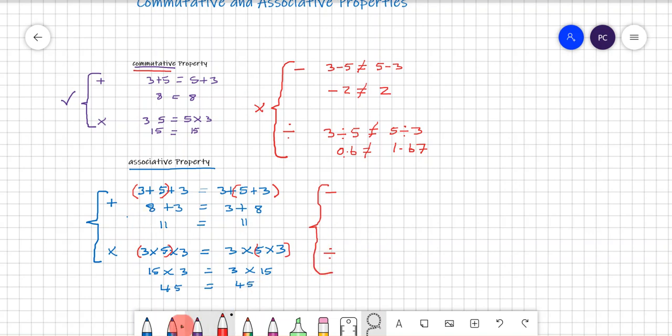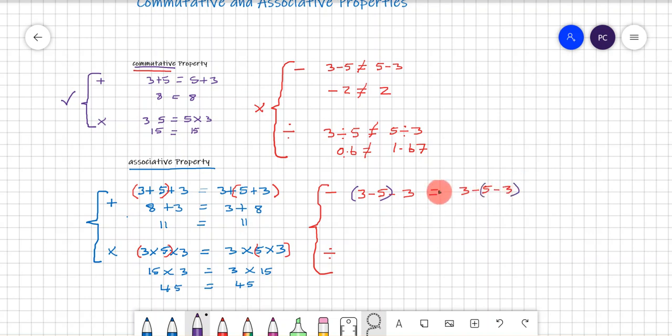So again, if we were to do something like this, and let's stick with red, so let's say if I was to say 3 minus 5 minus 3 equals 3 minus 5 minus 3. Okay, so if I was to work out this problem, and let's say I was to put my brackets around this like this, and then I was to do these here first.